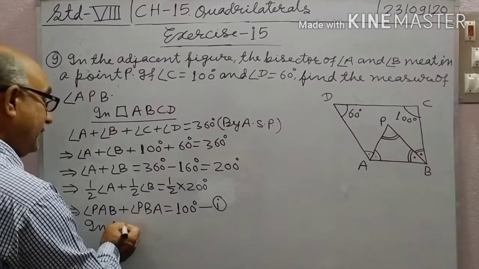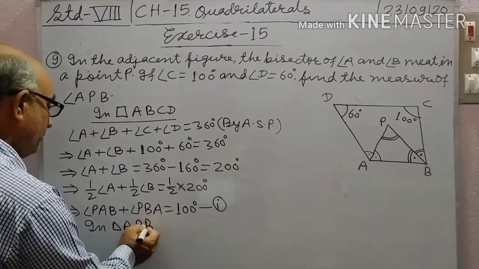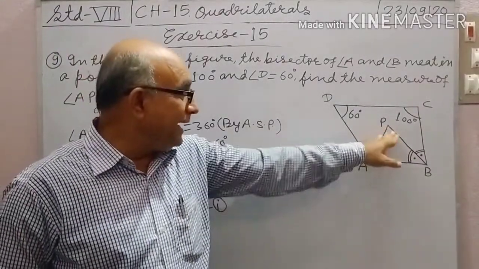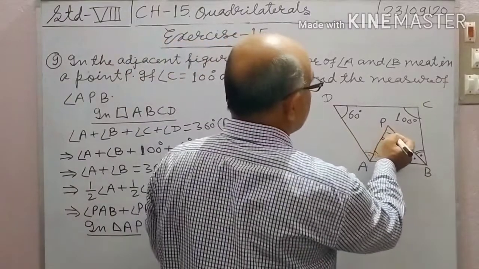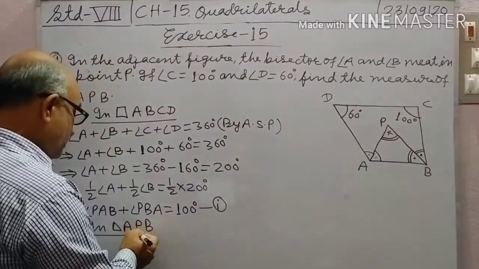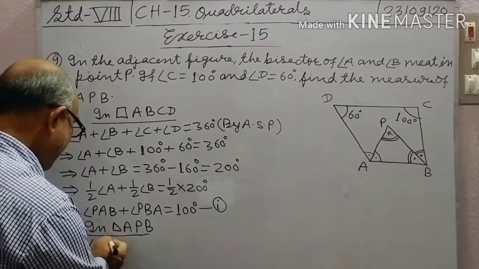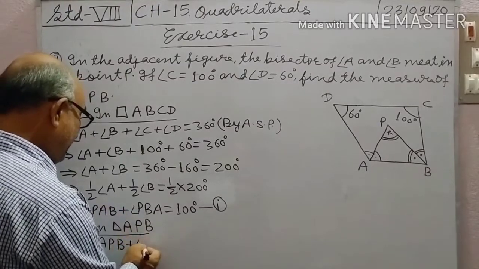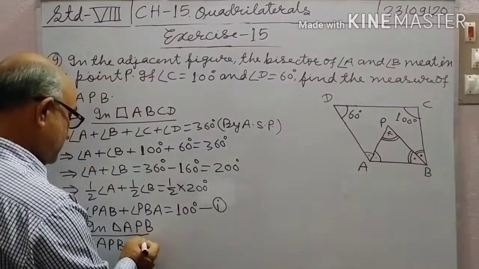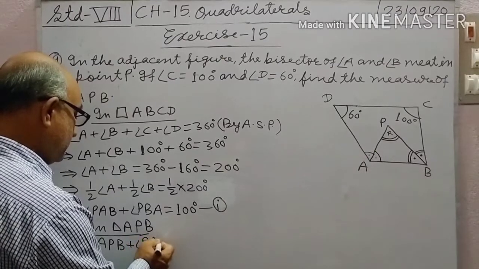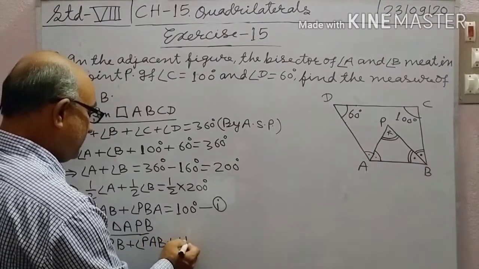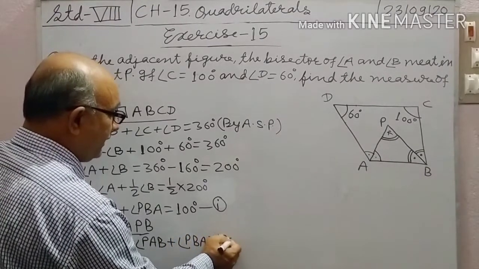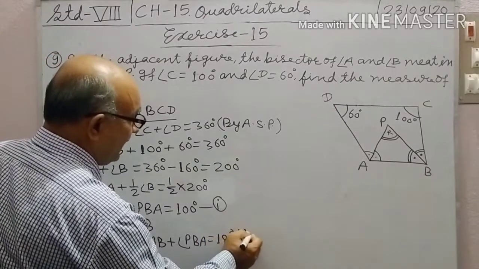Students, now in triangle APB, we have to find the value of angle APB. So write angle APB plus angle PAB plus angle PBA equal to 180 degree by angle sum property.